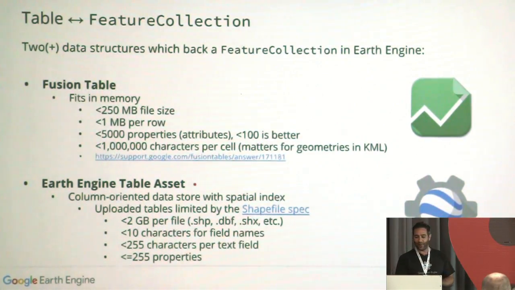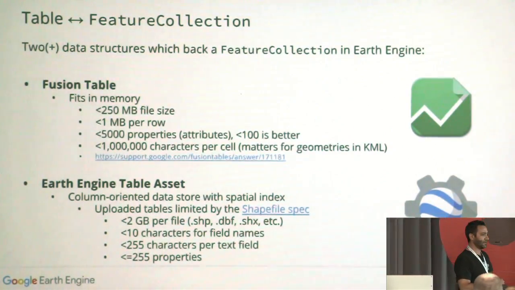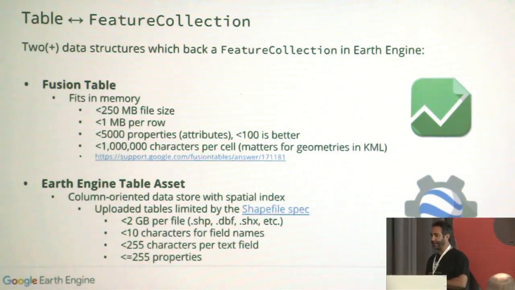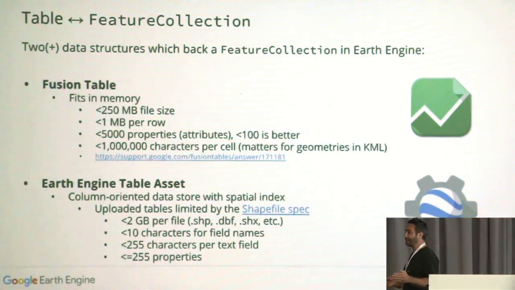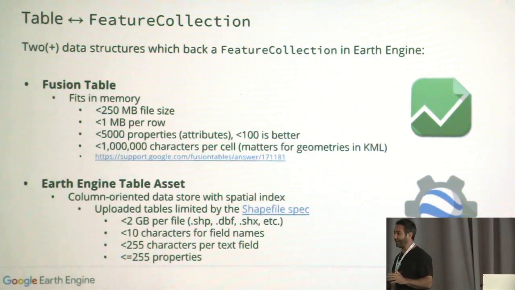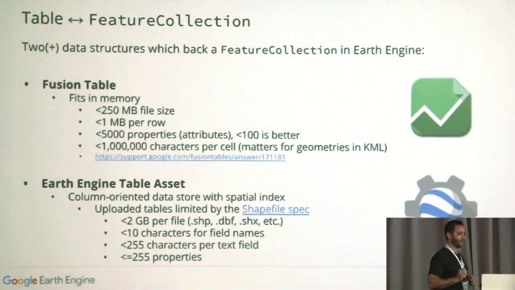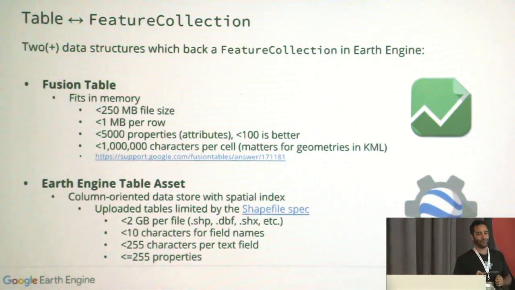Earth Engine table assets, on the other hand, are stored as this column-oriented data store with a very good spatial index. So spatial queries or joins, for example, are fast on these tables. Non-spatial queries may not be so fast.